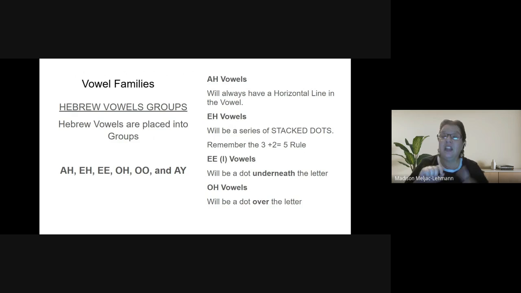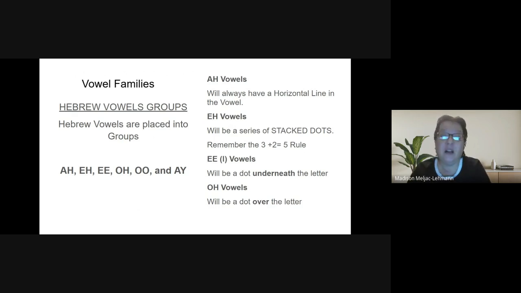Or it's the 3 + 2 + 5 rule, which is 3 dots together with 2 dots equals 5 dots. So if you need an EH sound, they're always going to be stacked dots, and they're always going to be underneath the letter as well. AH vowels are always under the letter, and EH vowels are always under the letter as well.